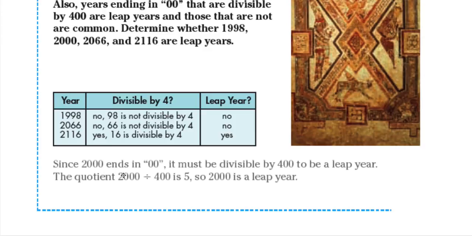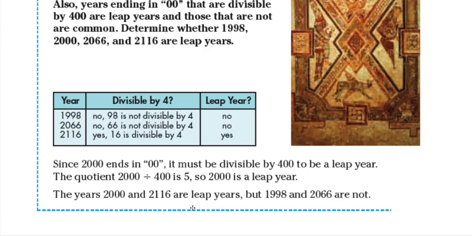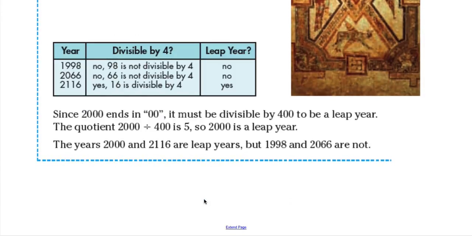Since 2000 ends in 00, it must be divisible by 400 to be a leap year. And then we get 2000 divided by 400 is 5, remainder 0. So 2000 is considered to be a leap year. Okay, so the years 2000 and 2116 are leap years, but 1998 and 2066 are not.